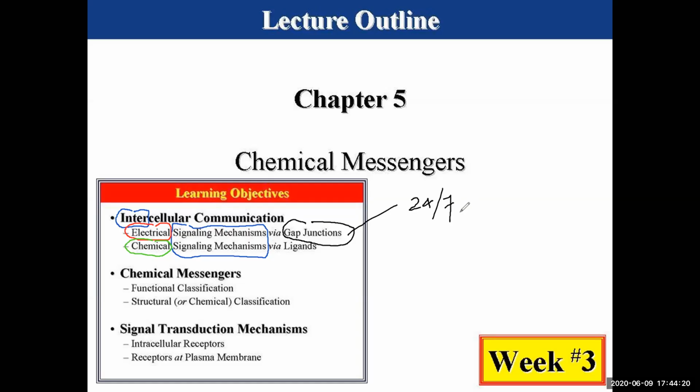We call those openings, 24/7 openings, passageways, tunnels, gap junctions. So we're going to revisit the gap junctions and their importance for electrical signaling mechanisms. So those are the two types of signaling mechanisms: using an electrical signal or using a chemical signal.